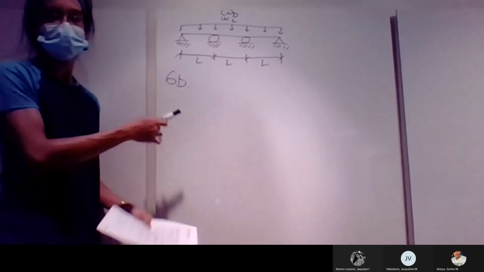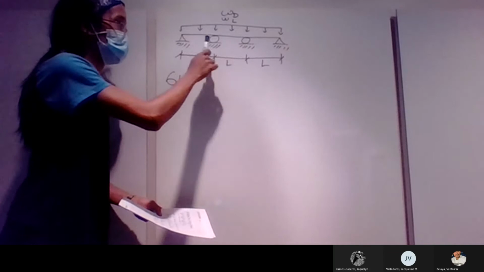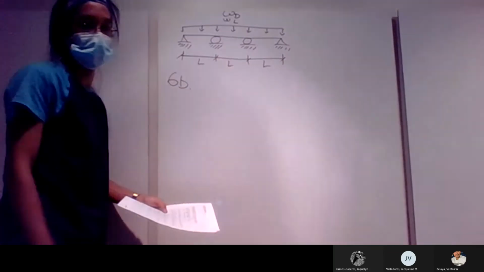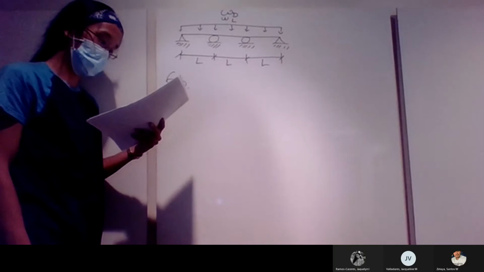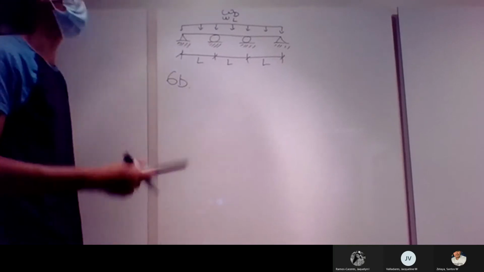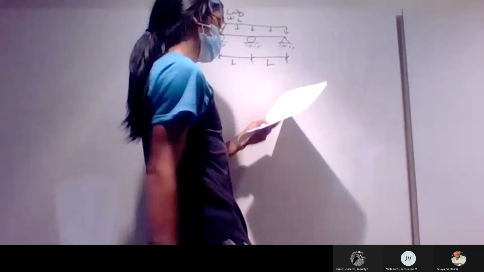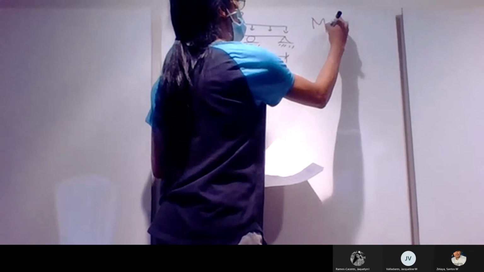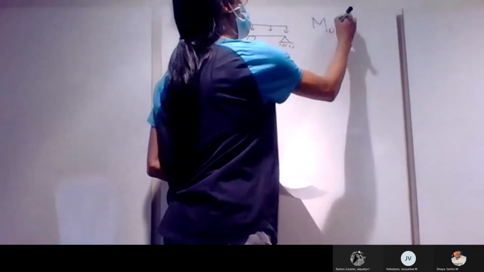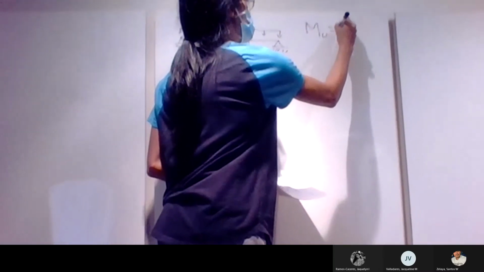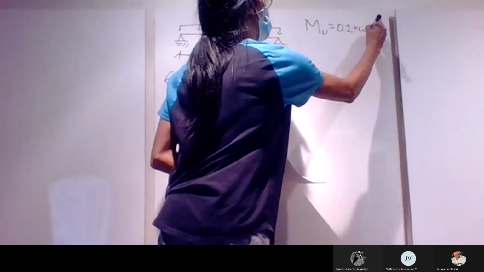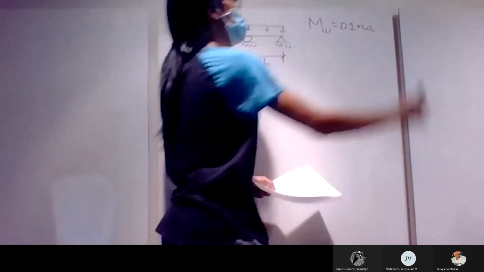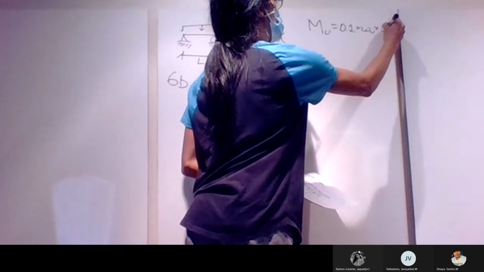So, beam, we got 4 points right now. So we have 3 lengths. And before we do that, we're also given the formula. Ultimate moment is equal to 0.1 times ultimate load times length squared.